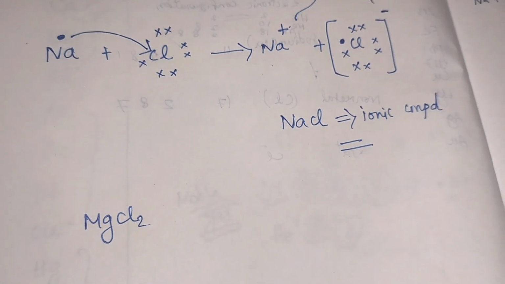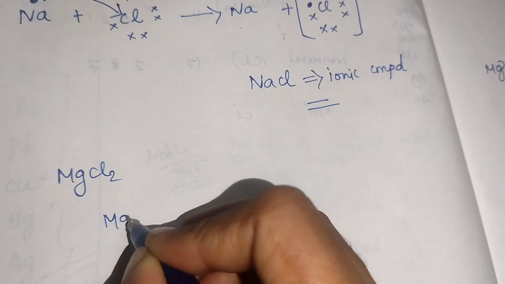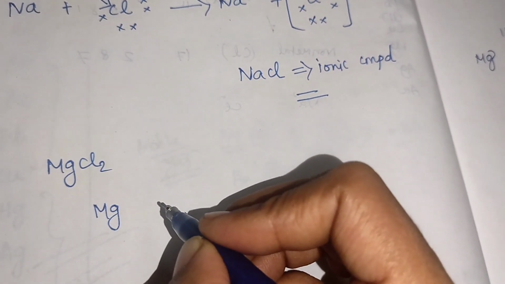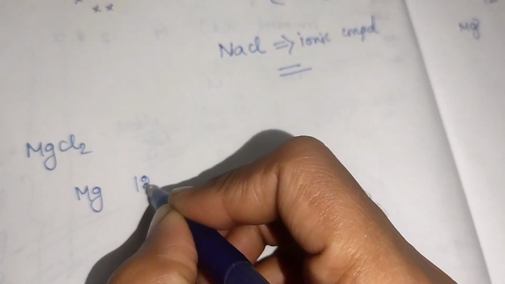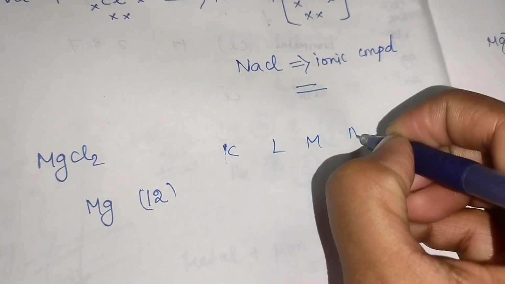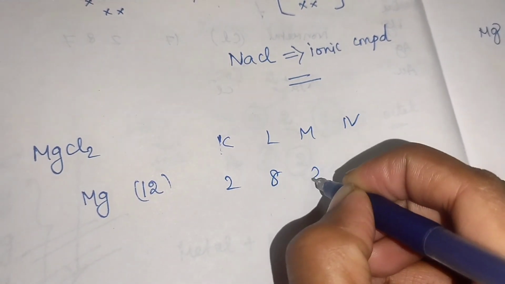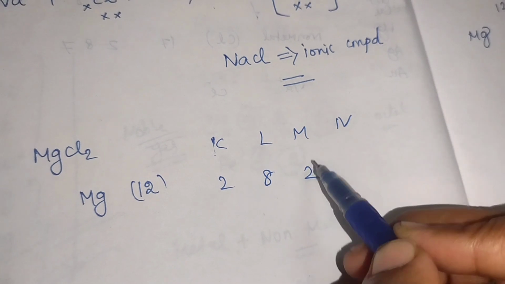Magnesium chloride, okay. How are we going to see it? Magnesium, how many electrons does it have in its outermost shell? What is the atomic number for magnesium? 12. So in the K, L, M shells, it contains 2, 8 and 2. So it contains 2 electrons in the last shell.